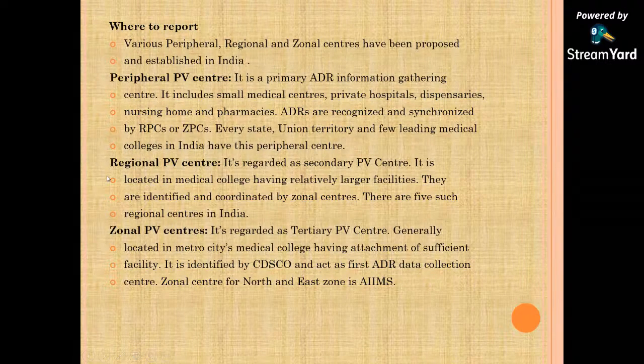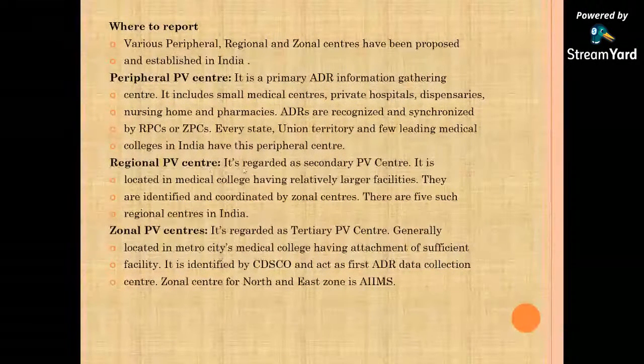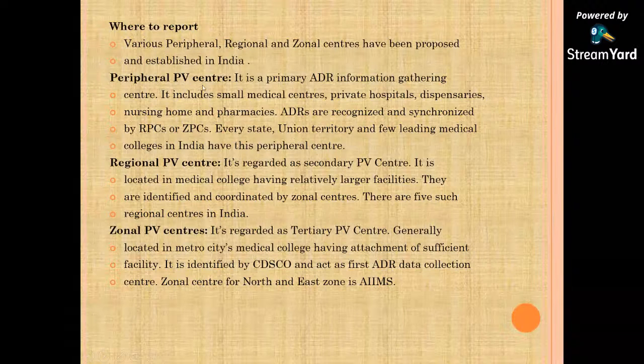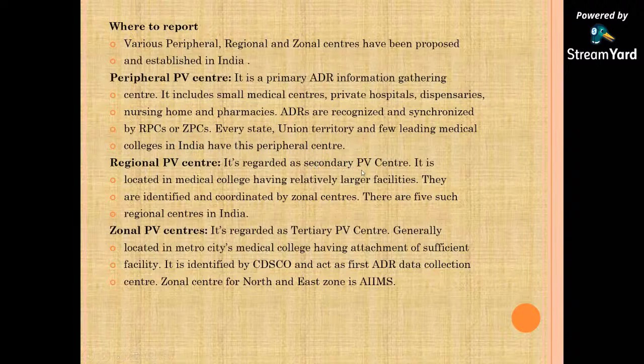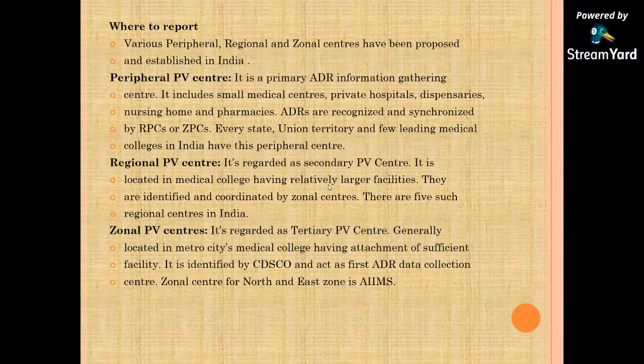Then second is the regional PV center. It is regarded as the secondary PV center, while the peripheral PV center is called the primary center for reporting ADRs. It is located in medical colleges having relatively larger facilities, so most of the regional centers for PV are situated in medical colleges.